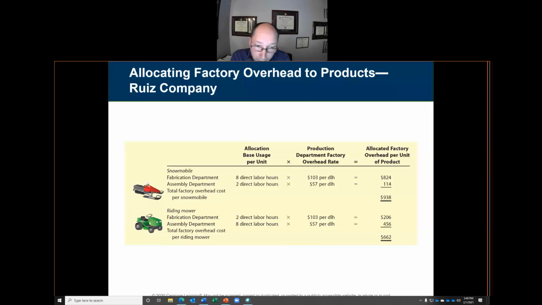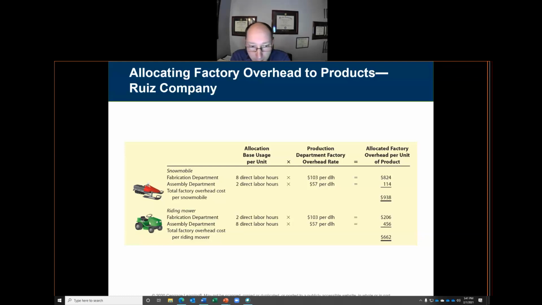Well, we still got 2 more hours. So 2 hours from the assembly department at a rate of $57 per hour is $114. So, of course, you got to add those two together because, remember, 10 hours per unit. So 824 plus 114 gets you to 938 per snowmobile. So total factory overhead per snowmobile is $938 under this method.